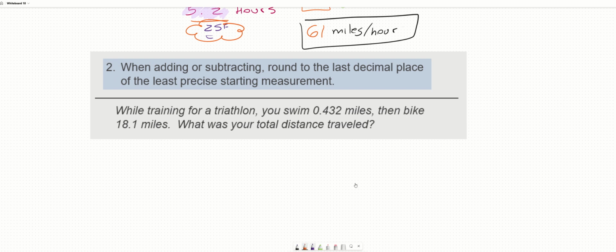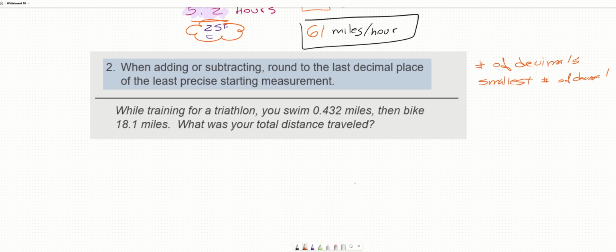Let's translate this. That means you look at the number of decimals and choose the smallest number of decimals because they are the least precise.